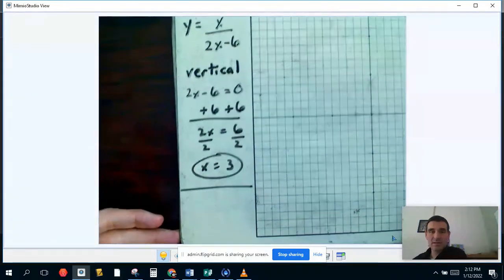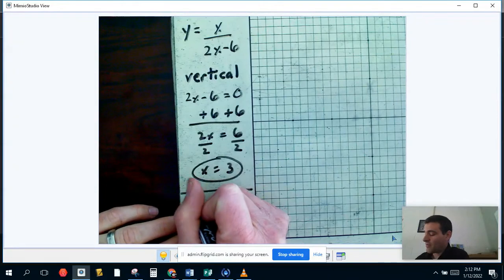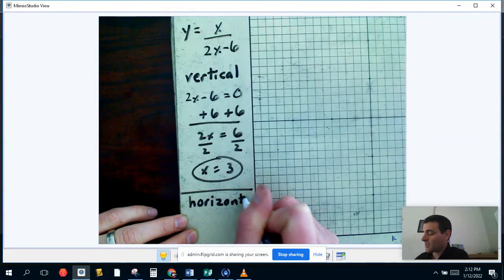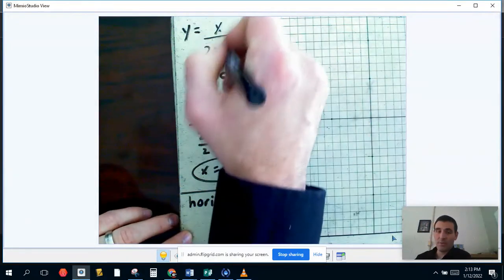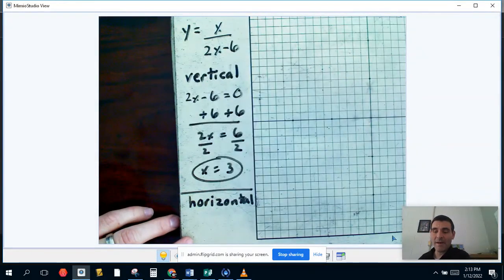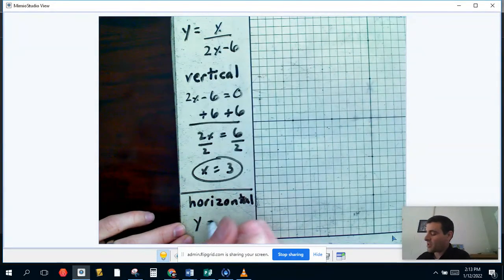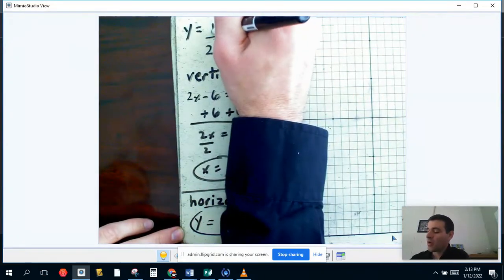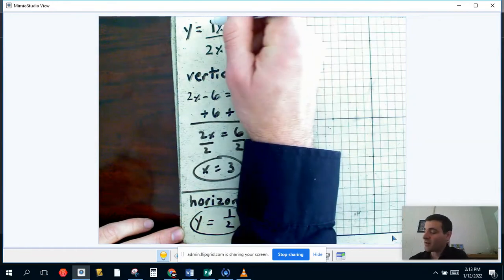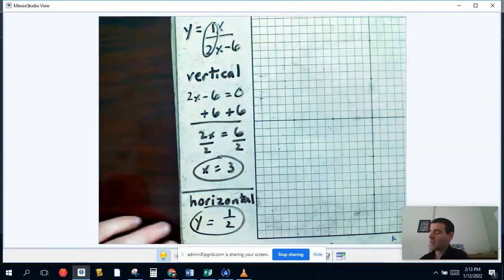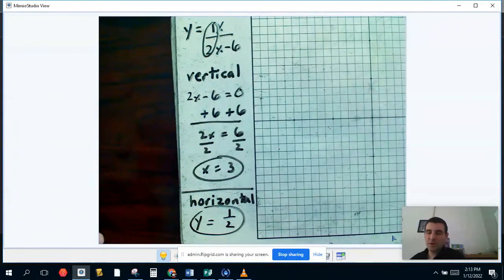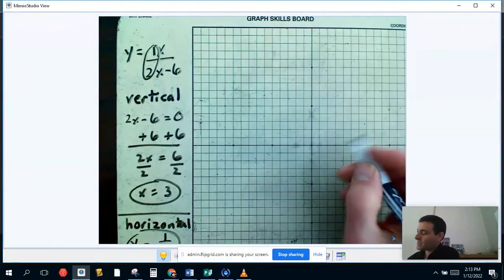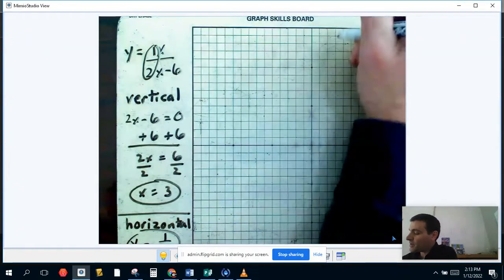Now in this case, we do have a horizontal asymptote because the degrees are equal, which we just talked about. So it's going to be y equals 1/2 right here. Okay. So what I'm going to do is put those in on this graph here. So x equals 3, 1, 2, 3.